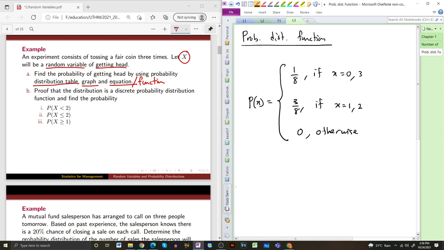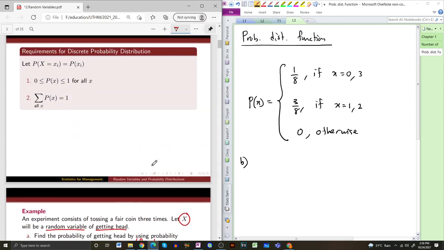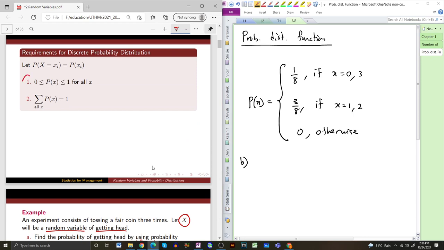Now for B, prove that the distribution is a discrete probability distribution. For you to prove that a distribution is discrete probability, you need to prove two conditions. The first condition is you must make sure the probability is in between 0 and 1 or equal.